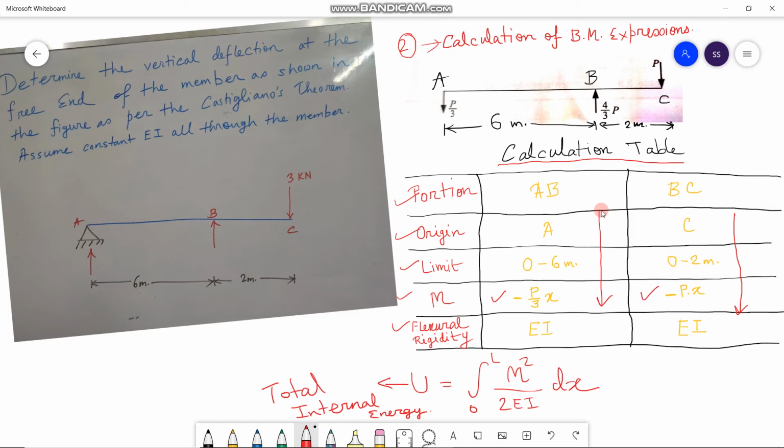The limit of integration for the portion AB is 0 to 6 meter, and for the portion BC the limit is 0 to 2 meter. And as given in the numerical problem, the flexural rigidity EI is constant for both the portions, AB and BC.